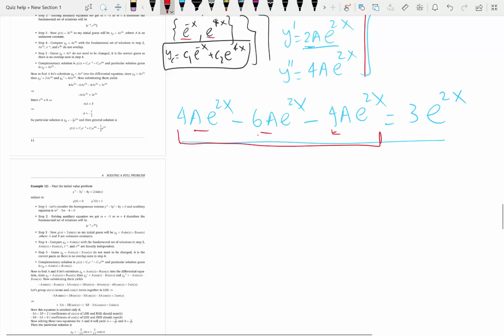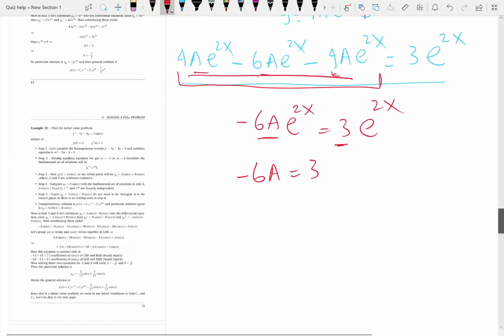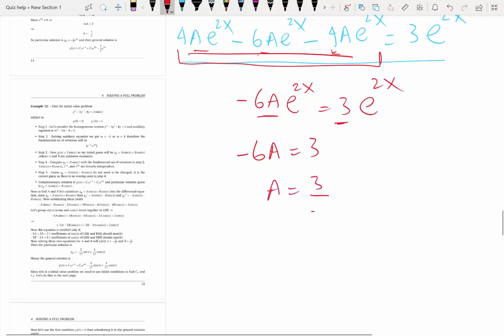So if you add these three, you get negative 6A e to the 2x, and the right side is 3e to the 2x. Now if we compare the left hand side and the right hand side, the coefficients should be the same, right? So negative 6A should be 3. So what should A be? A should be 3 over negative 6, which is negative half. So this is my A.